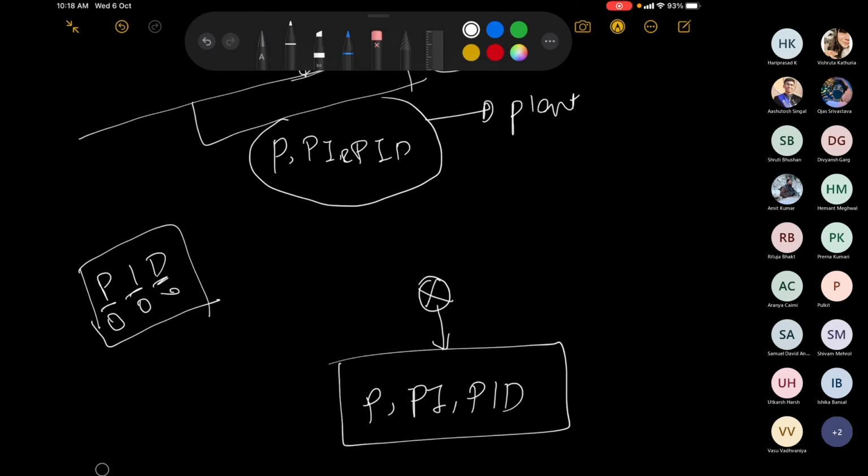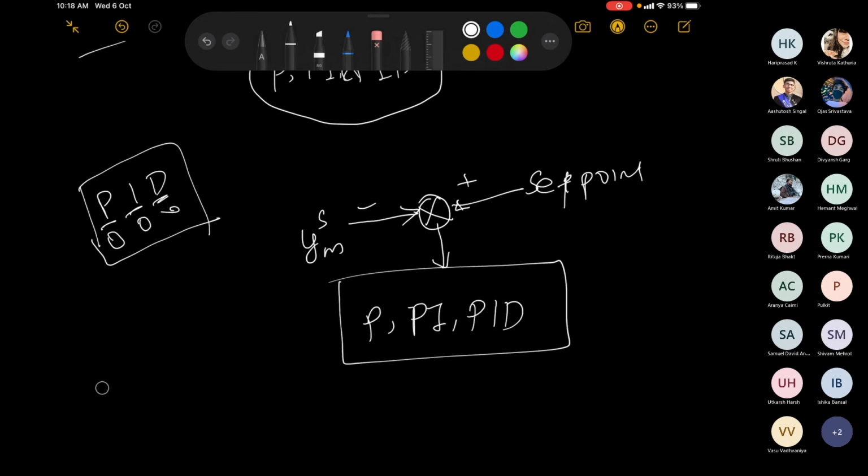So here you would supply this, the measured value of the sensor, and here is your set point. Plus and minus, most likely the set point value you take as the standard, and otherwise it's just a sign change, and you can accommodate things.